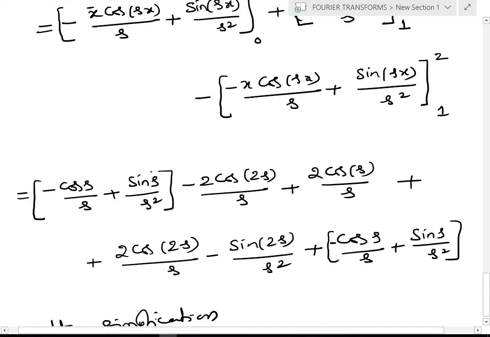The sin s by s square appears 2 times, cos s by s appears 2 times, and the 2 cos 2s by s terms cancel. The 2 times cos s by s also cancels: 2 cos s by s, minus cos s by s, minus cos s by s. Then what is remaining finally for us?